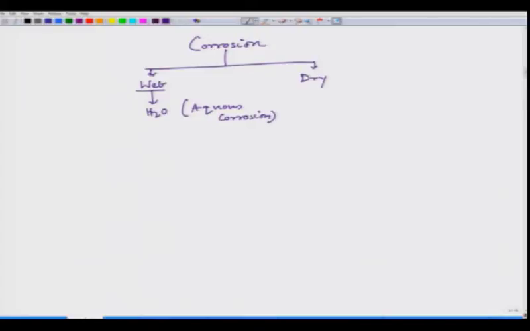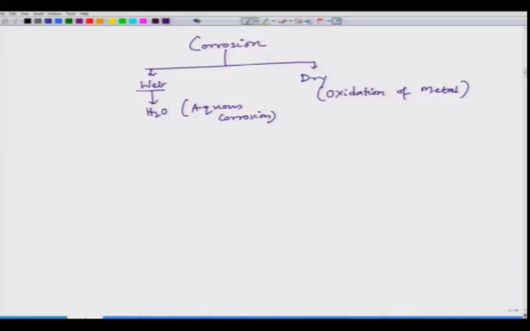And in case of dry corrosion, we are mentioning oxidation. Oxidation of metal, we are mentioning that this is also a corrosion. That means, it is also electrochemical.